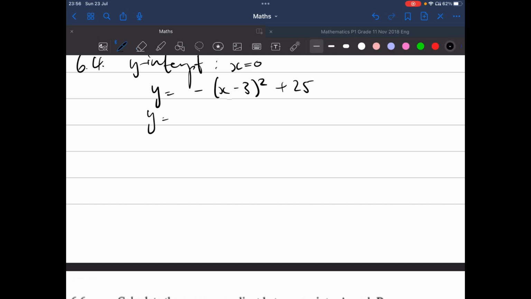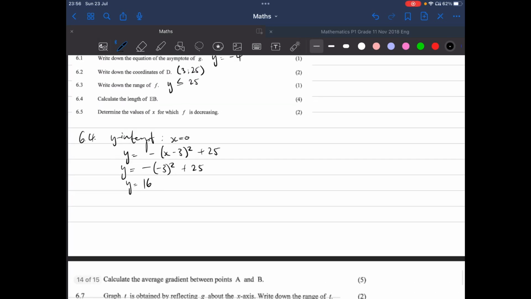So y = -(0 - 3)^2 + 25, and 0 minus 3 is just minus 3, squared. So that's going to be -9 + 25. So -9 + 25 is 16.